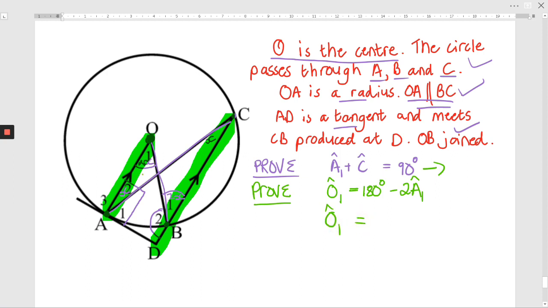I got O1 as 2x. I've got to do O1 in terms of A1, but A1 had something to do with C. There's something going on with the 180 and the 90 and the A1 and the C. So O1 I got as 2 of angle C. That was angle at center.